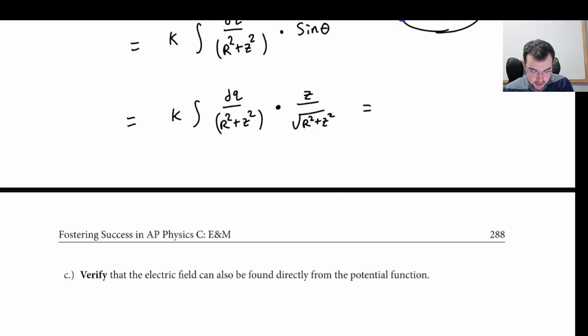And notice none of this has varied yet, because R is the same, Z is the same, and we haven't even messed with dq yet. So I can have a k in front, I can have a z in front, and I can pull out the r squared plus z squared to the 2 halves times the r squared plus z squared to the 1 half. Gets us that 3 halves power.